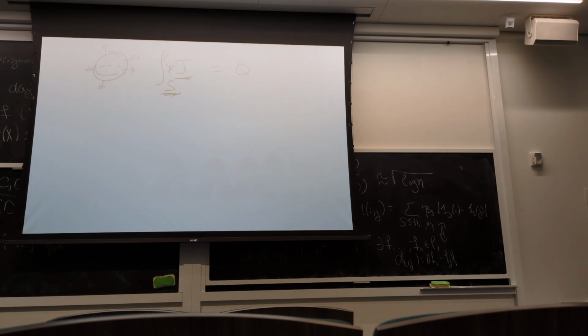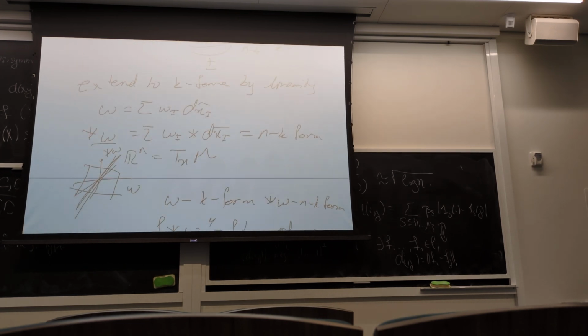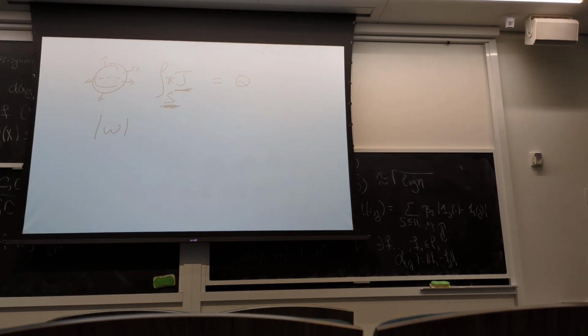Cool. So now let's define some sort of inner product. This is what the Hodge star does, right? If we want to write down the norm of omega squared as the sum of omega_I squared, and if we include the volume in front of this, then we can rewrite this as the sum of omega_I dx_I, omega_I star dx_I.